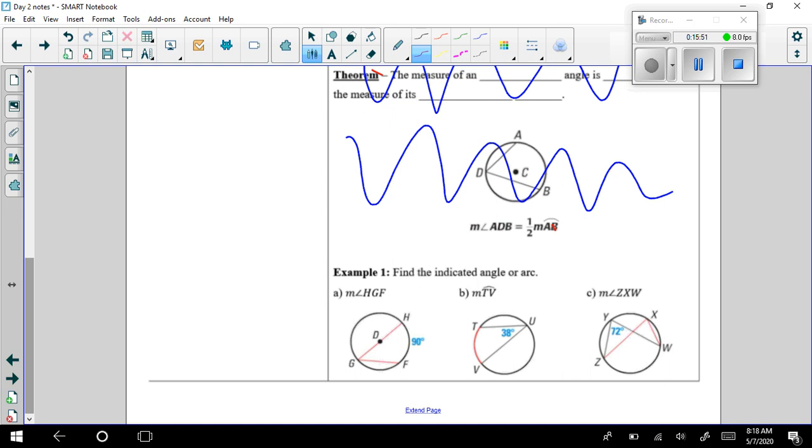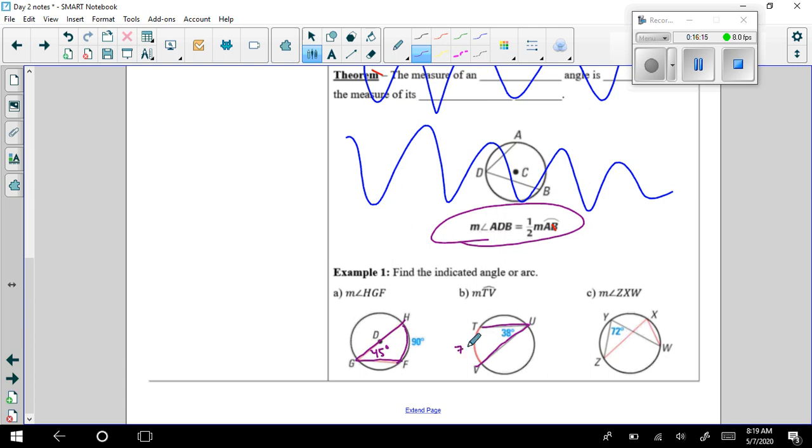All right, but this goes back to that rule that the measure of the angle is half the measure of the arc. So if HF is 90, then HGF is 45 degrees. If this angle is 38 degrees, then we're going to double that.